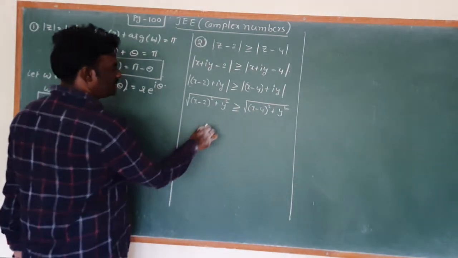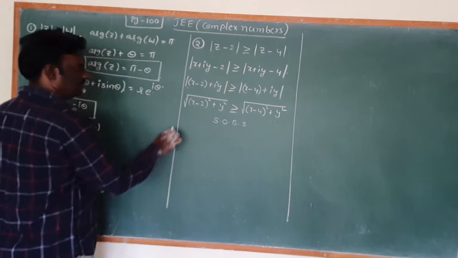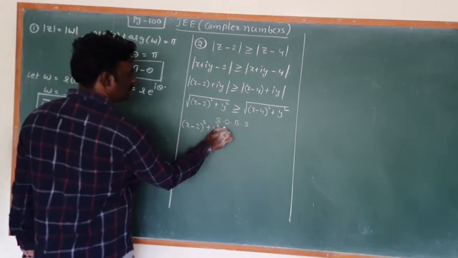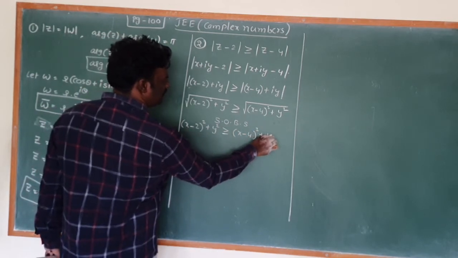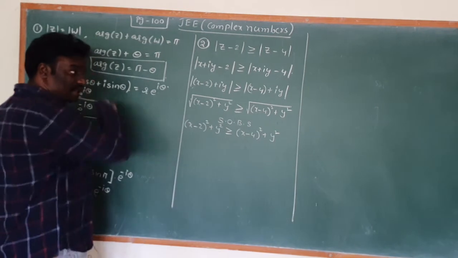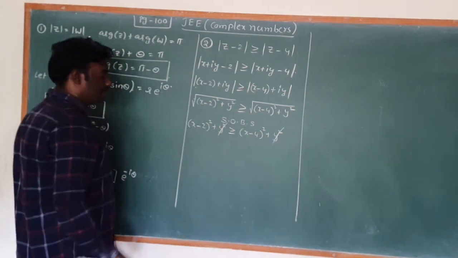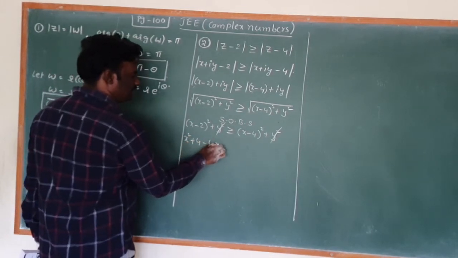Squaring on both sides, the root gets cancelled. Then x minus 2 whole square plus y square is greater than or equal to x minus 4 whole square plus y square. Y square gets cancelled. Expand using a minus b whole square, a square plus b square minus 2ab.